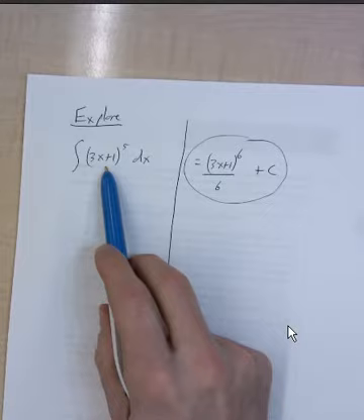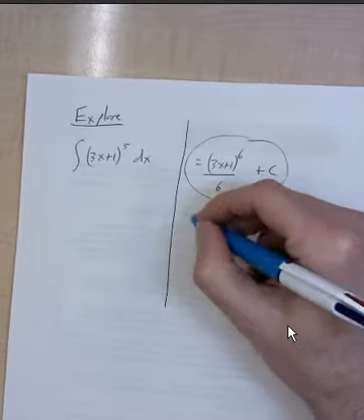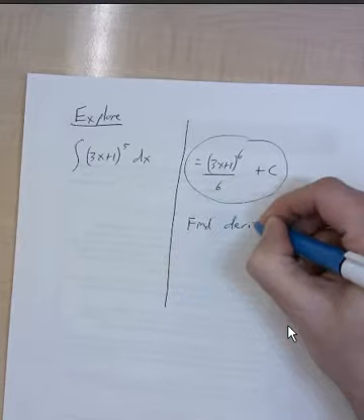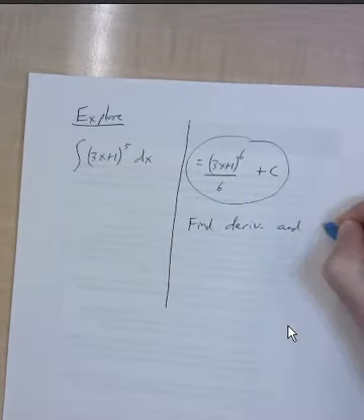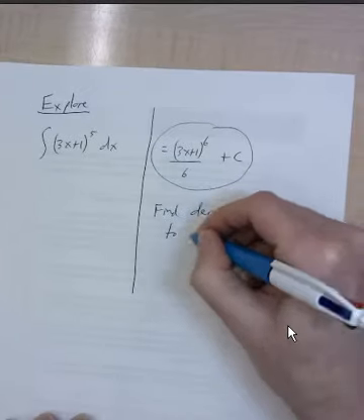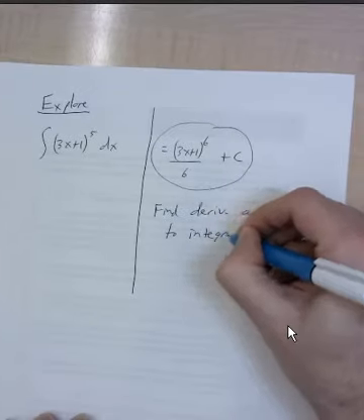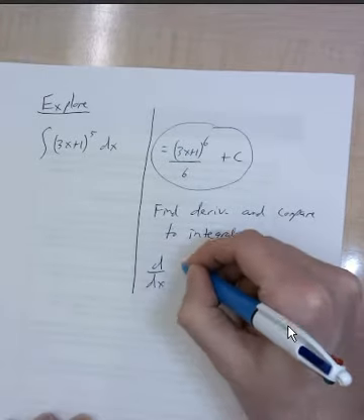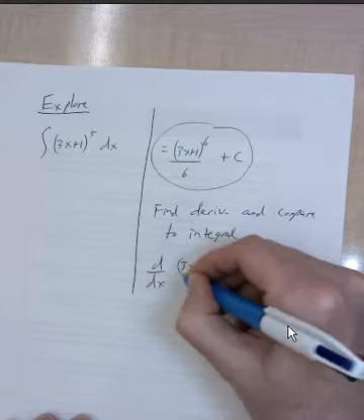So, find, derive, and compare to integral. So let's do the derivative, d dx of 3x plus 1 to the 6th over 6 plus c.